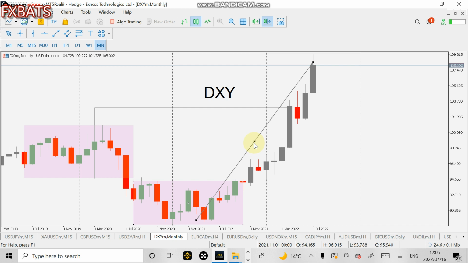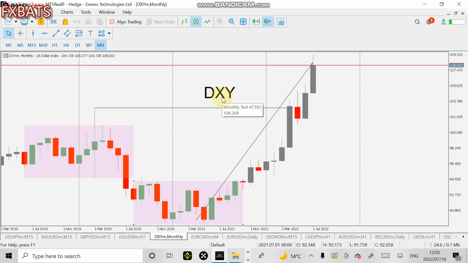So basically, I just want us to talk about a few things here. I want to go back to what the DXY means. The DXY measures the performance of the US dollar as a currency. So when the DXY rises, the US dollar also gains in strength.